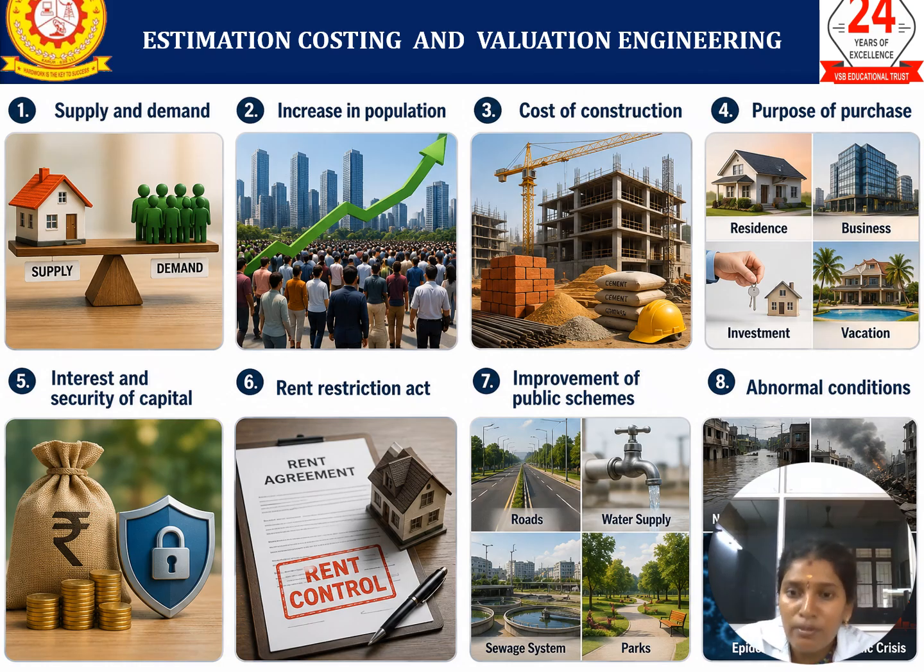We have different purposes available, the purpose of purchase. Interest, security of capital, rent fixation, improvement of public schemes: water supply, road, electrical supply, sewer supply, parks. Each and everything depends upon this kind of amenities.